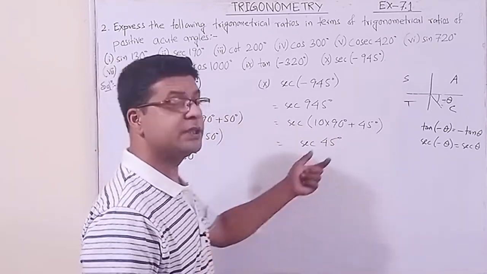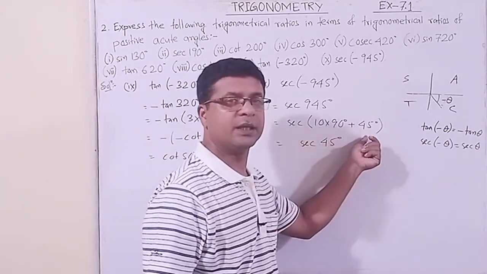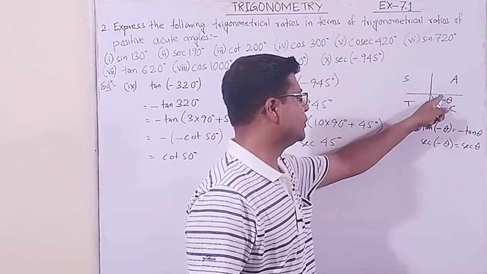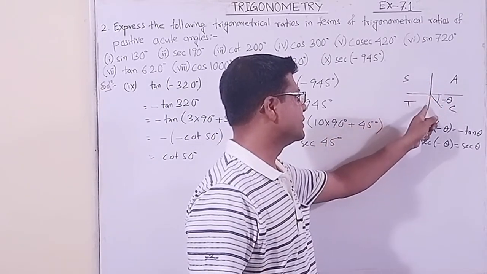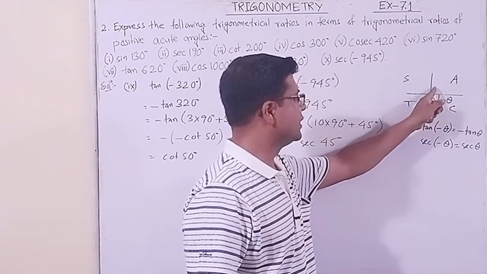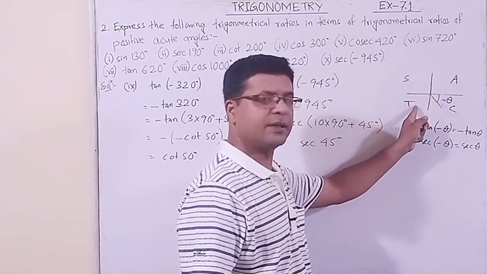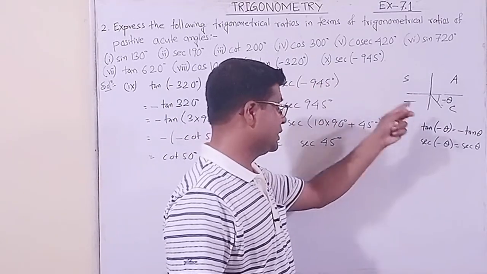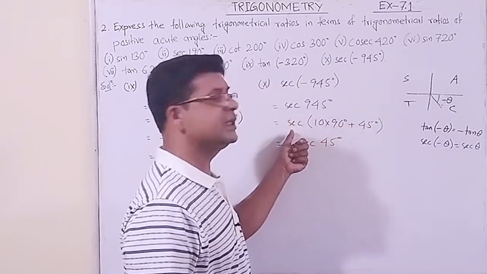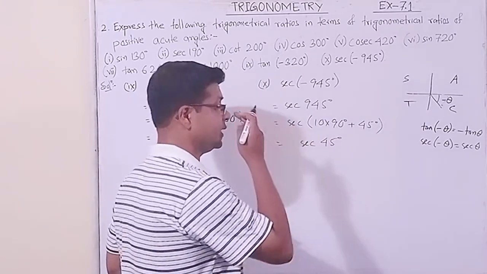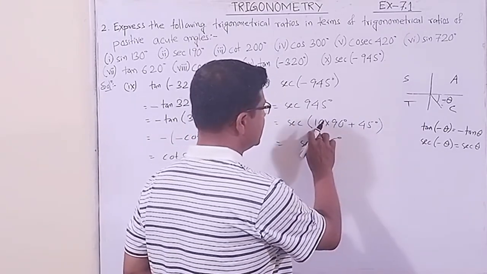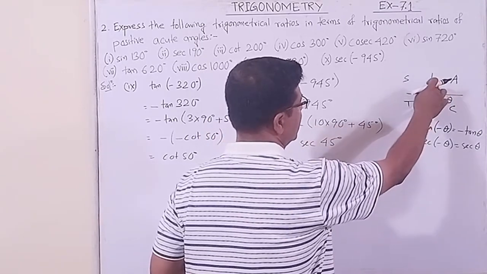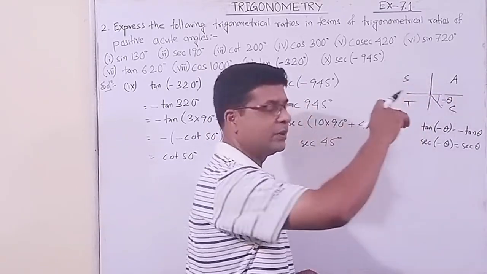Done? Okay. Now this is in which quadrant? 10 plus 1, 11. 1, 2, 3, 4, 5, 6, 7, 8, 9, 10, 11. That is in the third quadrant. In the third quadrant, tan is positive, sec is negative. I repeat it again. At first we have to complete 10 times of 90 degree. 1, 2, 3, directly you can do.